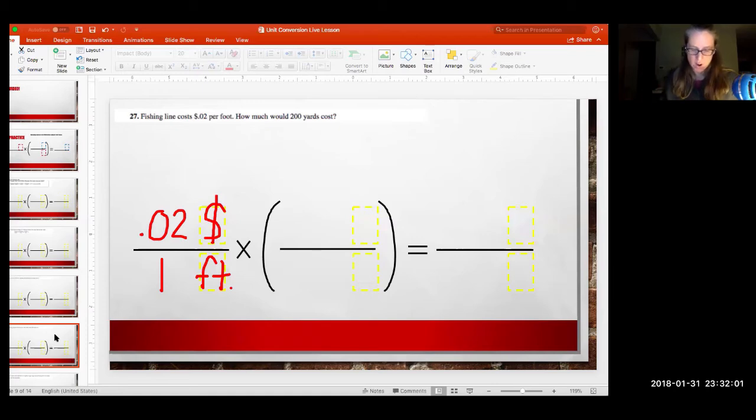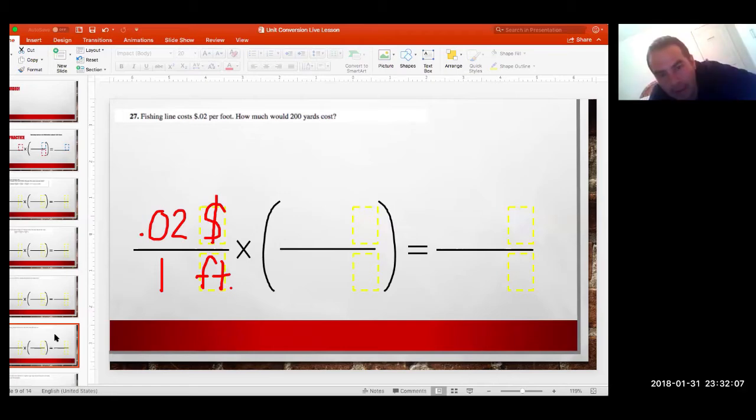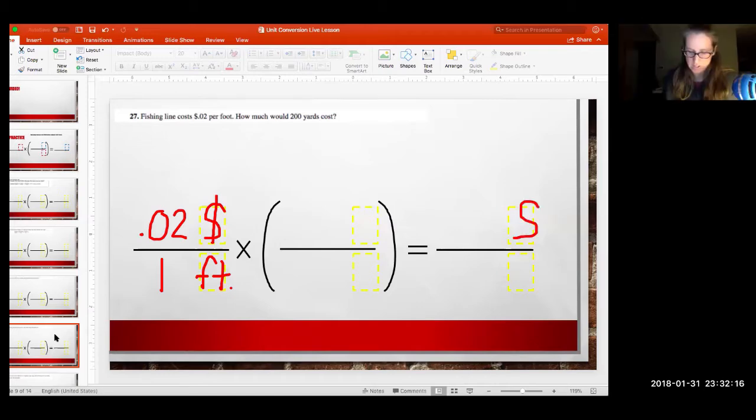Yeah, so we want to know a cost. So we just want to know a cost here at the end. We want to know a cost for 200 yards.